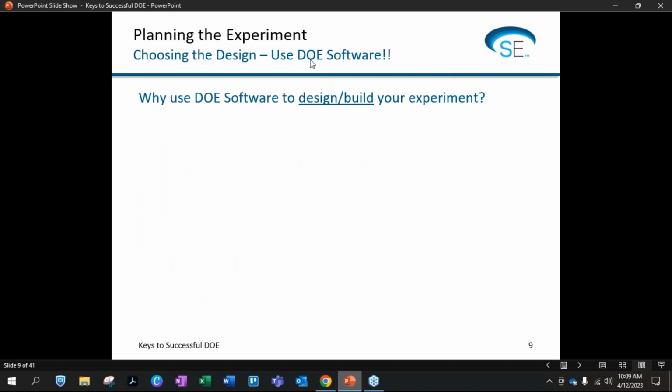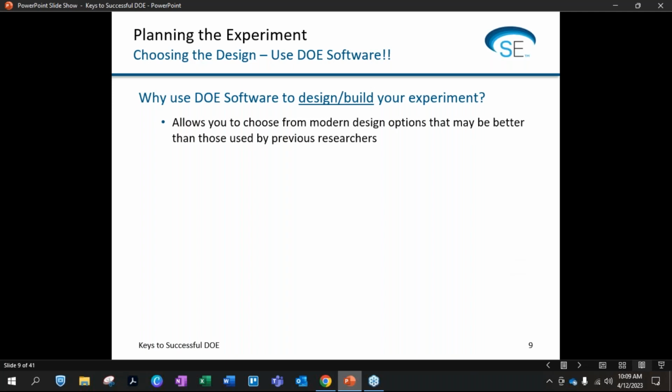Now, why do I say use DOE software to design your experiment? So many people just think that DOE software is just for the analysis of the data, and that is so wrong. You need to use the software to actually build and design your experiment from the front.